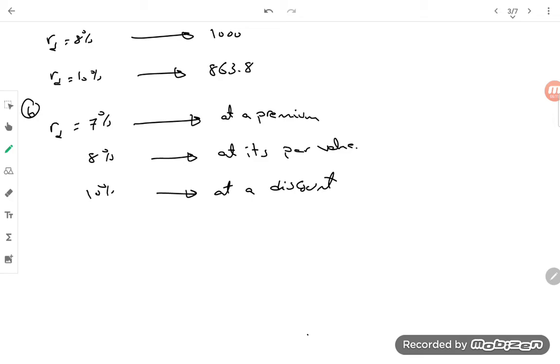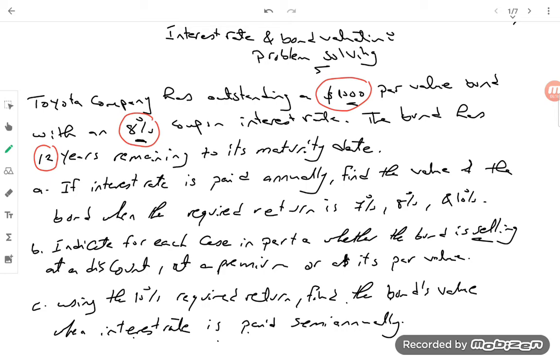Number C. Using the 10% required return, find the bond value if the interest rate is paid semi-annually.